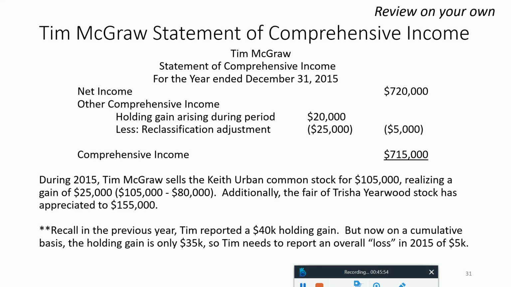That was the increase in Tricia Yearwood stock. We had a reclassification adjustment for Keith Urban. So the net of those two is that $5,000 that I was mentioning on the previous slide. So this gives us now comprehensive income of $715,000.